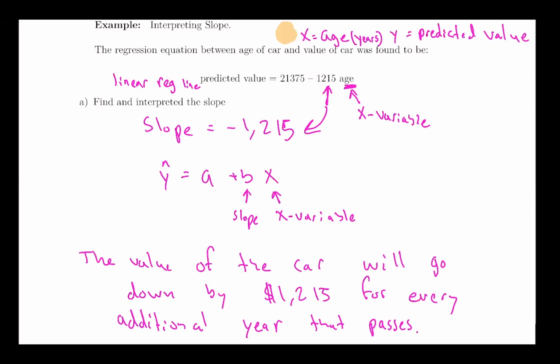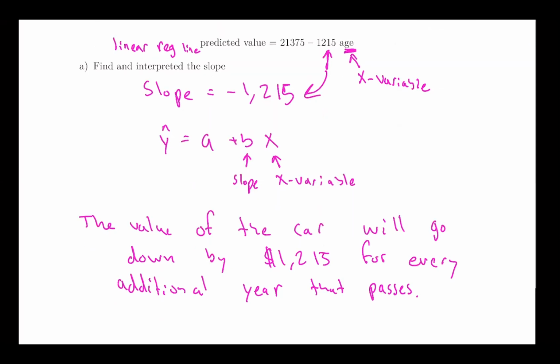That's the interpretation of the slope: the value of the car would go down by $1,215 for every additional year that passes. Any question in regard to that interpretation? All right, so let's go down.